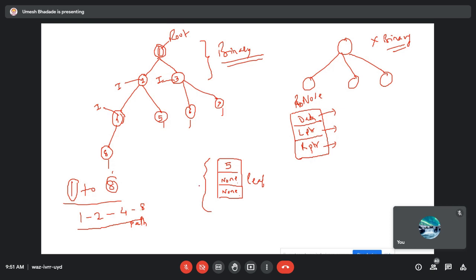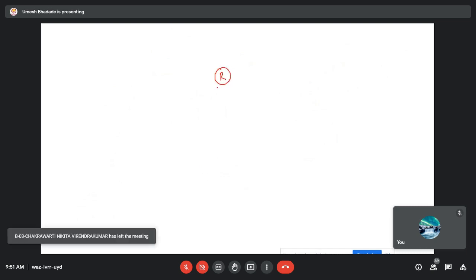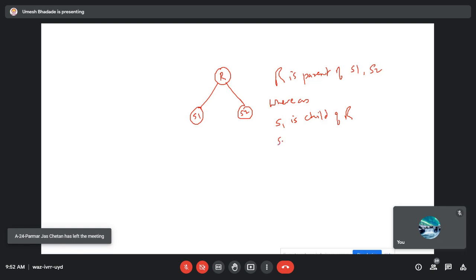Now there are few more terminologies such as parent and child. Suppose this is your root node, and this is sibling S1 and sibling S2. So for this S1, who is the parent? R is the parent, right? So R is parent of S1 and S2, whereas S1 is child of R. Same is the case for S2.